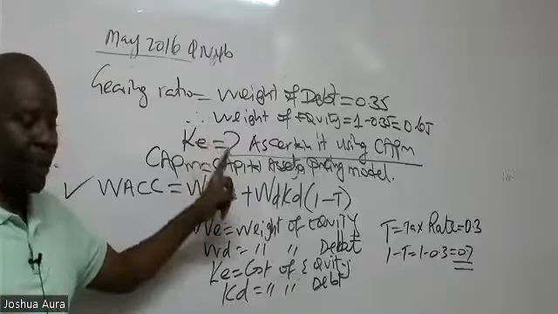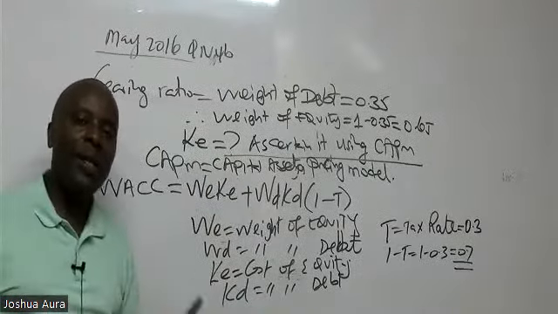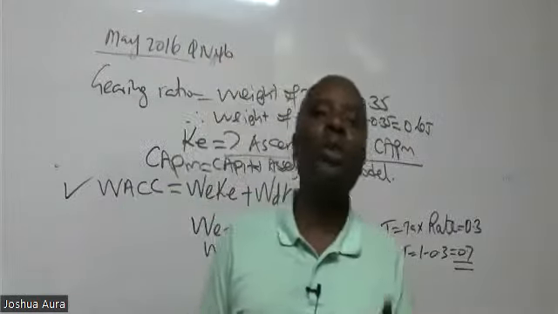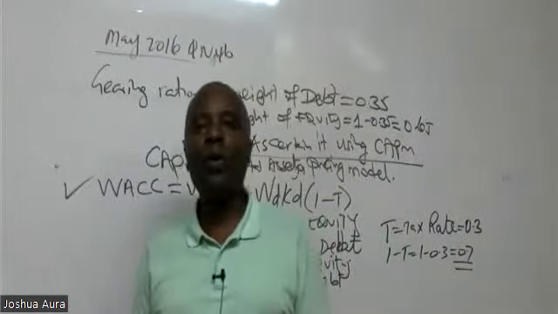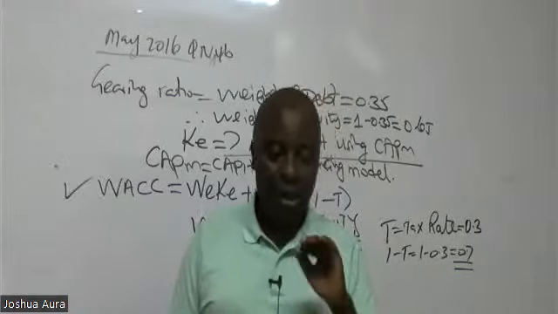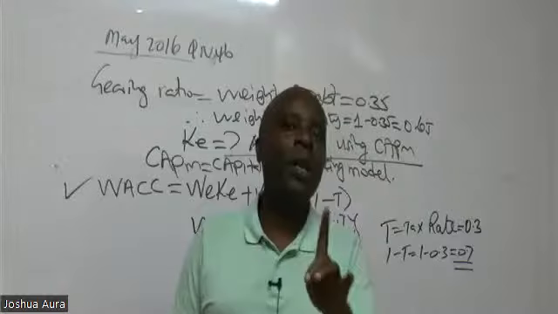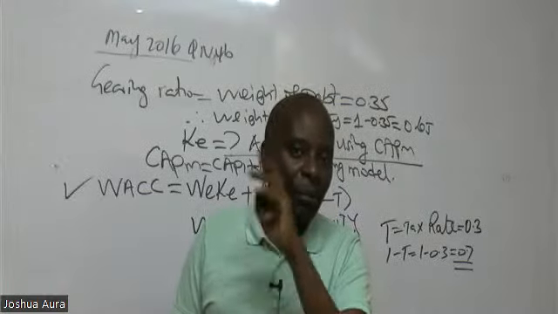The capital assets pricing model is one of the ways that we should be using here to get what we call cost of equity. Whenever you hear of cost of equity, the very first thing I'll think about, without even looking at other things, will be CAPM.